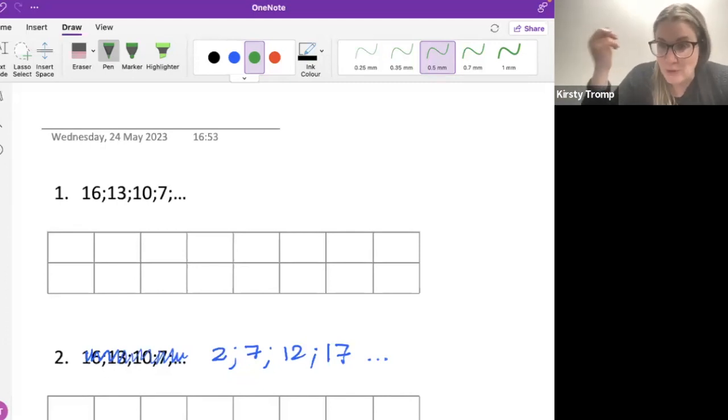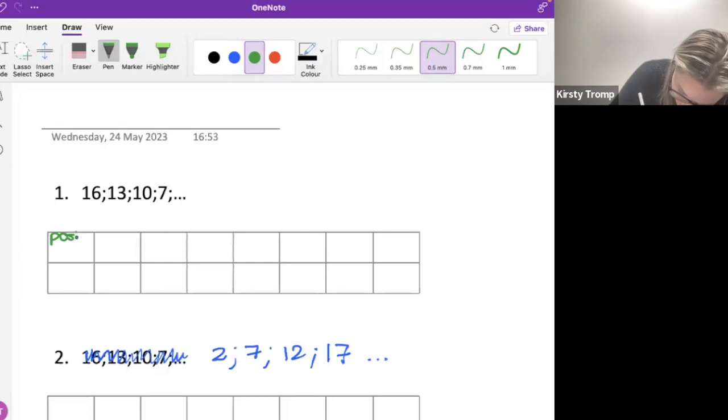On the top, I want to know the position, the position that the term is in. Now, if I'm looking for positions, everybody's probably been in a race before, or you've swum in a gala maybe, or run an athletics day, and you know that we have positions that we come in.